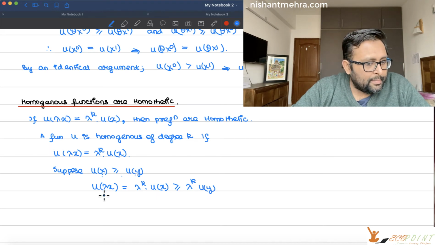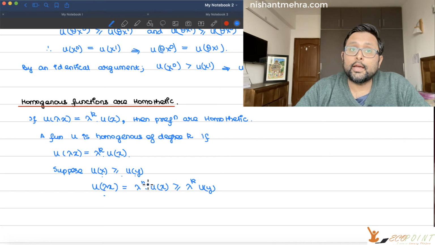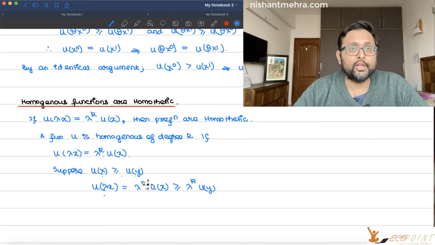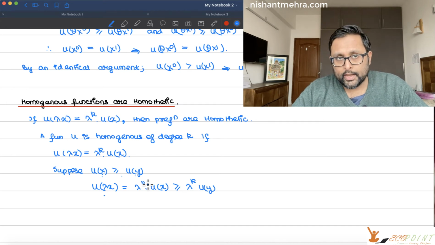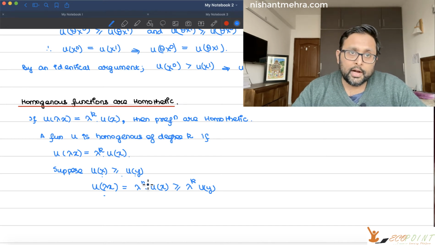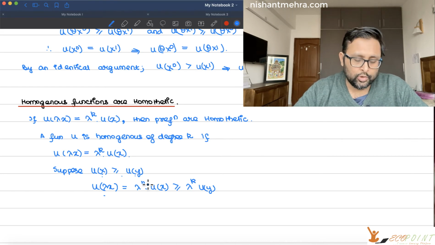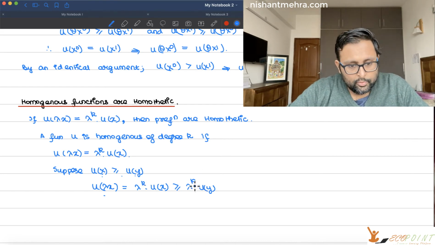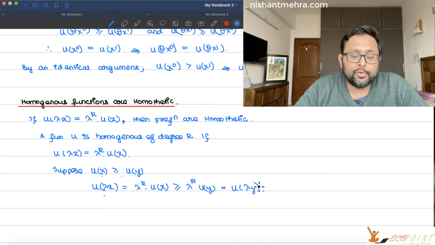You're writing u of lambda x as lambda to the power k u of x. Why? Because u is a homogeneous function of degree k. And since u of x is greater than or equal to u of y, lambda to the power k u of x is also greater than or equal to lambda to the power k u of y. But the moment you write lambda to the power k u of y, you can also write this as u of lambda y. You've proved your point, right?